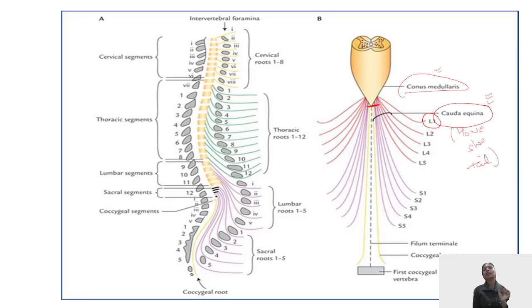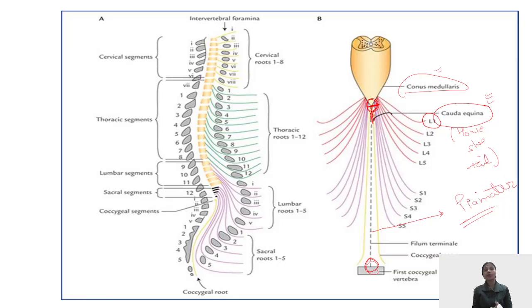Then the filum terminale. Filum terminale is nothing but a thick fibrous tissue which joins the conus medullaris and attaches to the first coccyx vertebra. It is formed by the pia mater.